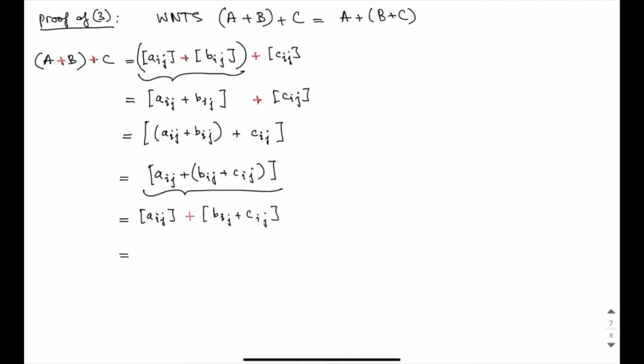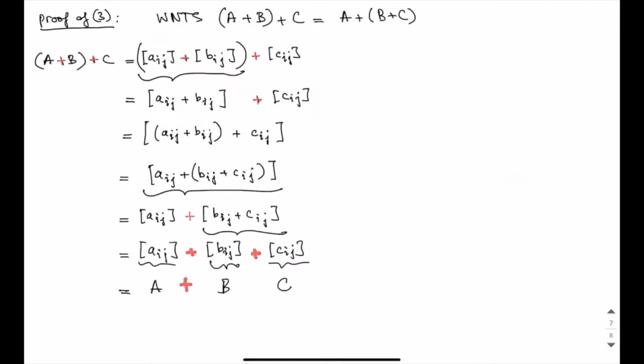Then you can further break down this one to be Bij in the bracket, which means the matrix B, plus Cij in the bracket, which means the matrix C. And so we have successfully proven that A plus B then plus C is the same as adding B and C first, then plus A.